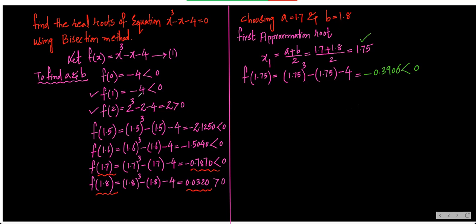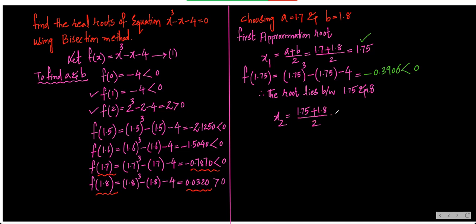Therefore we can say that the root lies between 1.75 and 1.8, right? So the second approximate value, x2, is equal to the average of these two: 1.75 plus 1.8 divided by 2.